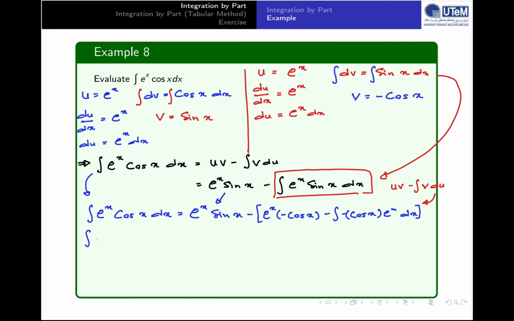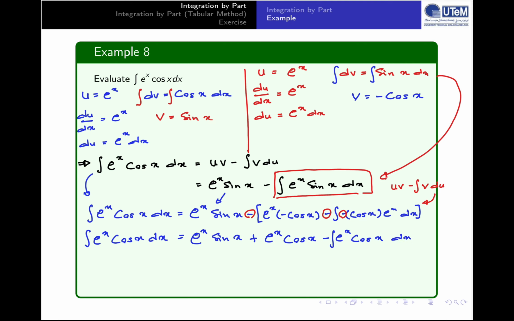When we solve this one, expand, so we can simplify the right hand side, open the bracket here, we can get e^x sine x, minus minus become plus e^x cos x, and then minus minus plus minus here, because this one is minus minus and minus, so it become minus here. So integration of e^x cos x dx.